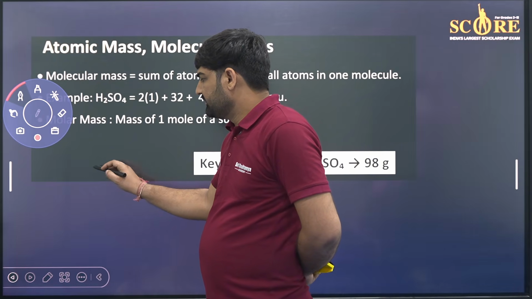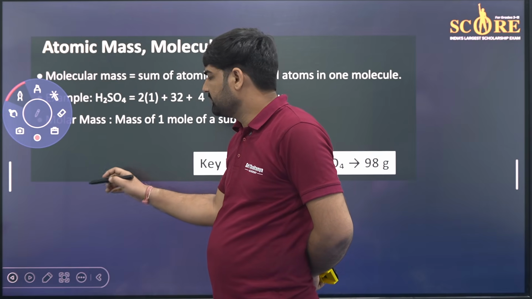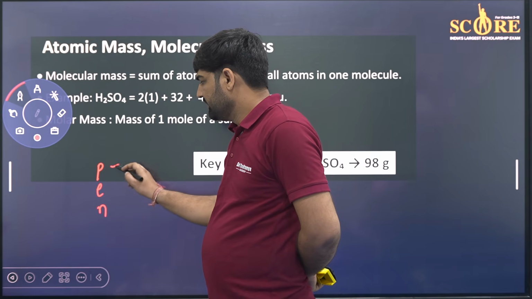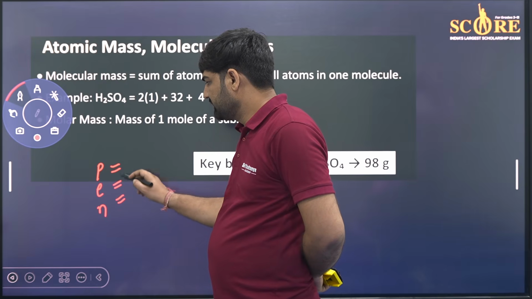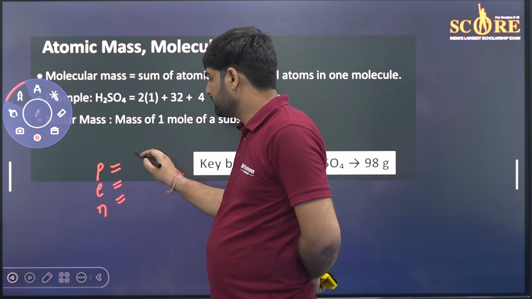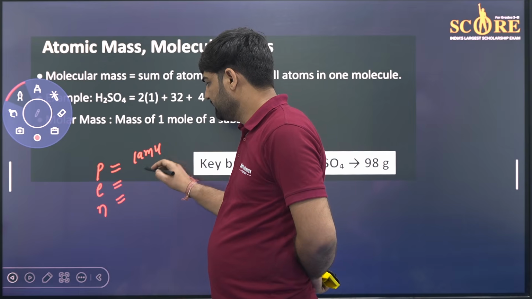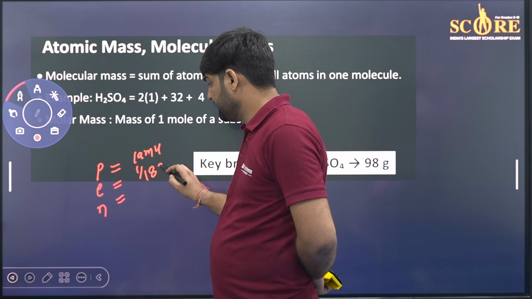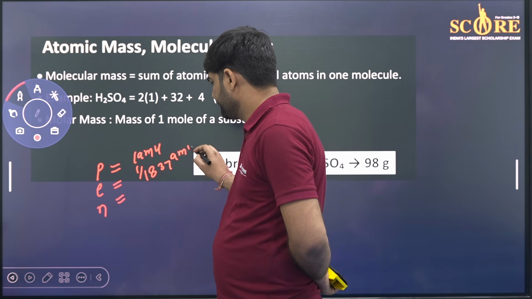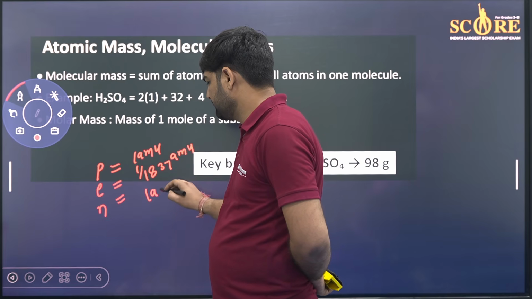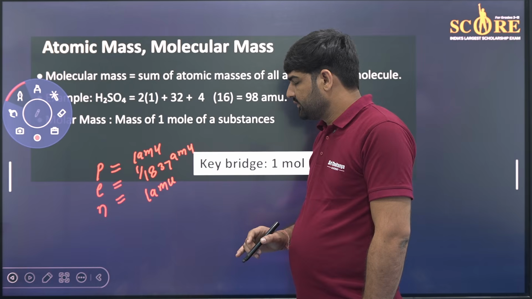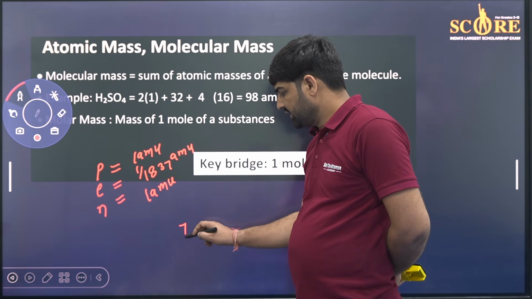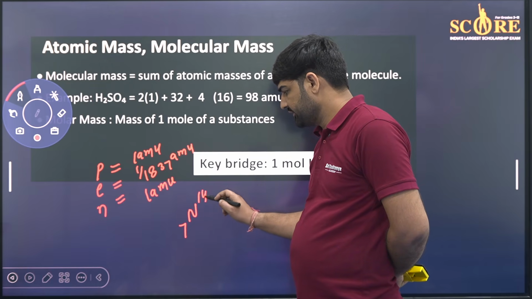In an atom there are three subatomic particles: proton, electron, neutron. And we talk about the mass of these particles. Proton has a mass of 1 amu, electron has a mass of 1 divided by 1837 amu, and the mass of a neutron is also 1 amu.